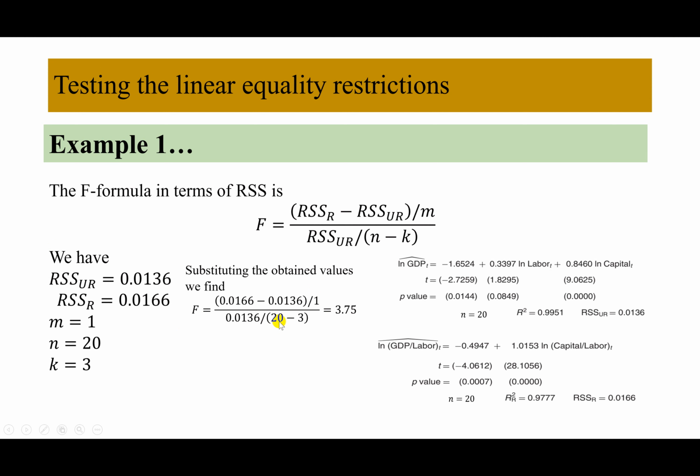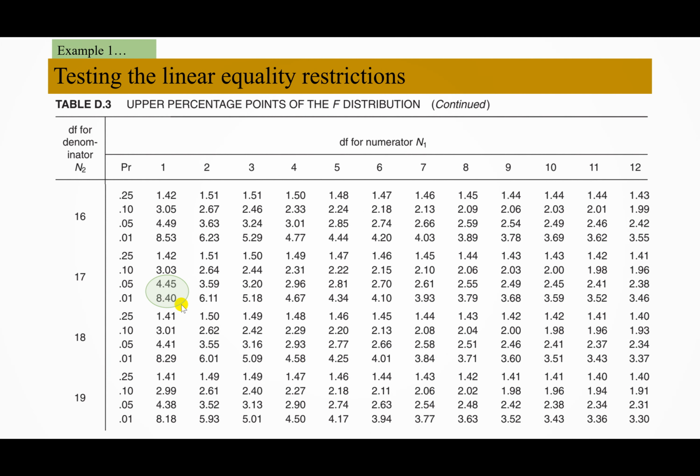That is, 17 is the denominator degrees of freedom of F. So for 1 numerator degree of freedom and 17 denominator degrees of freedom, for the 5% level of significance, the critical F value is 4.45, and for the 1% level of significance, the critical value is 8.40.